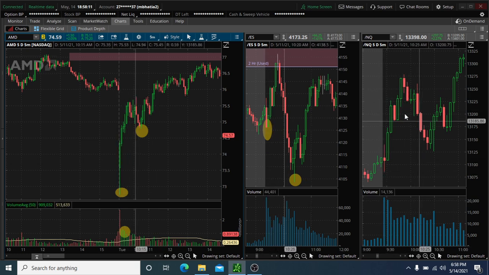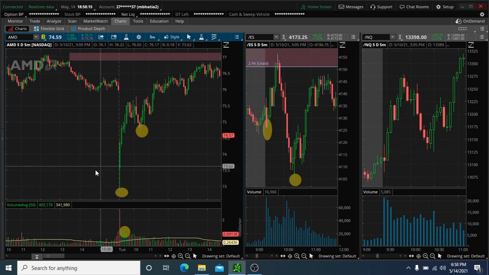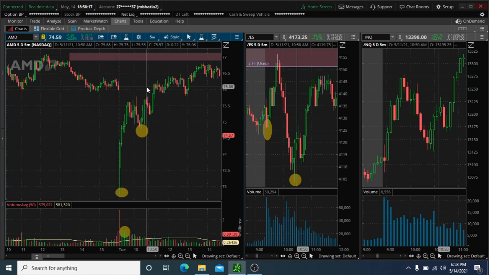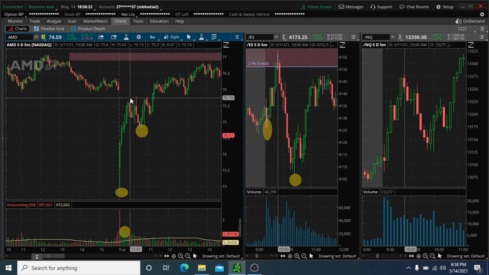So to me, I don't really see a clear reason to play puts. I just want to go with the trend. AMD is also moving up as well, so no reason to play puts. It's really as simple as that. I don't want to overcomplicate it. If the market is moving higher, I'm looking to take a long position, and if the market is moving lower, I am looking to take a short position.